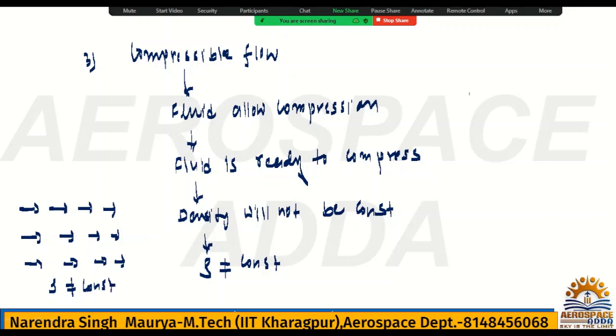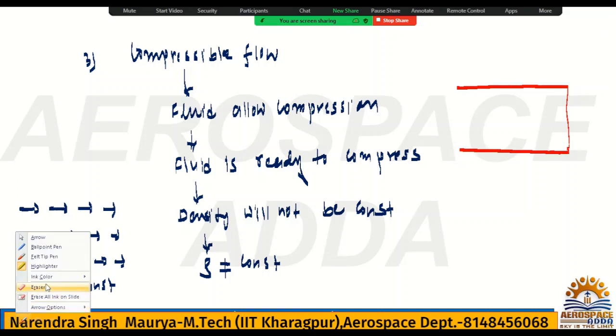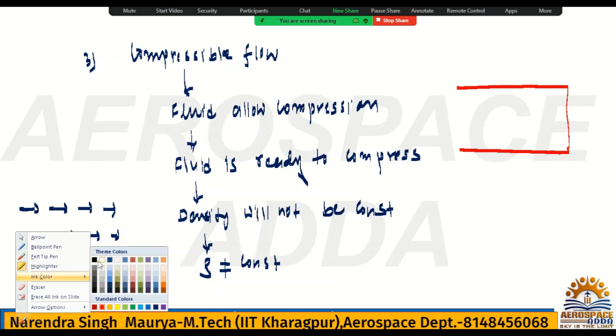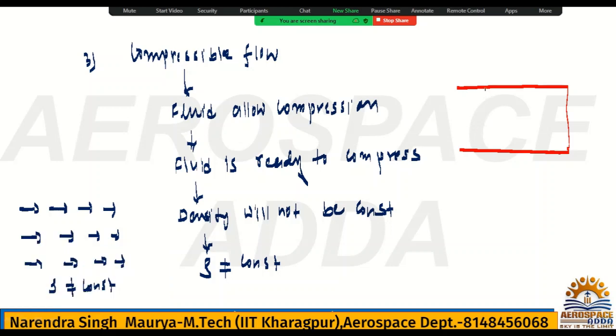It is ready to compress means what? Check. Suppose we have one piston cylinder arrangement. This is the cylinder, and we have a frictionless movable piston here. This is the movable piston, and the cylinder is filled by fluid.